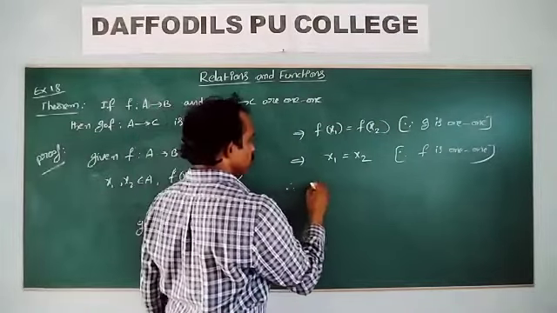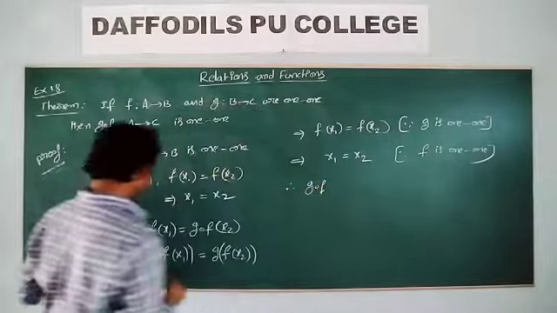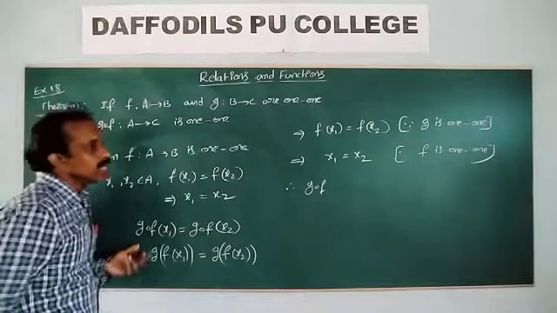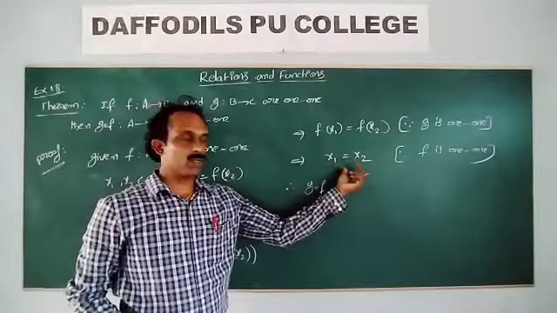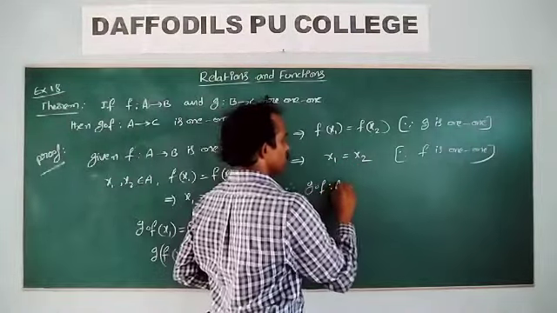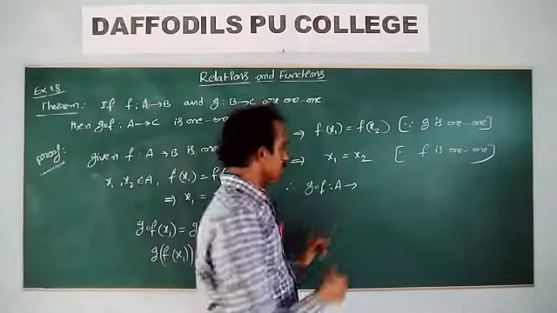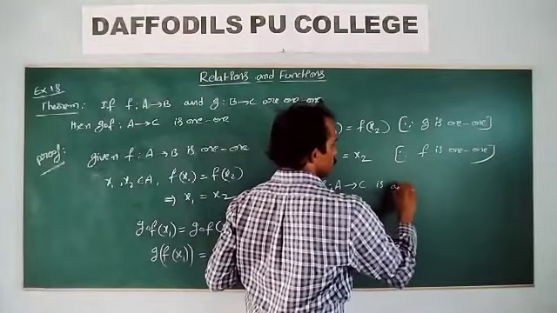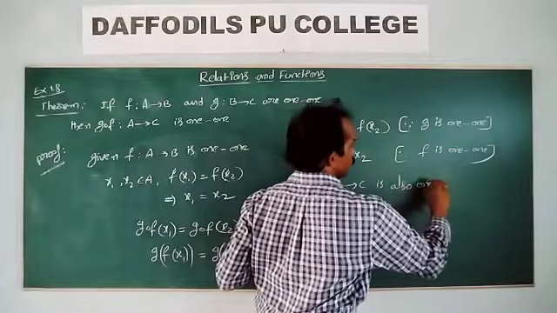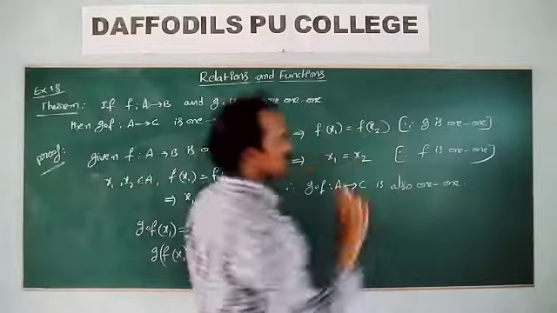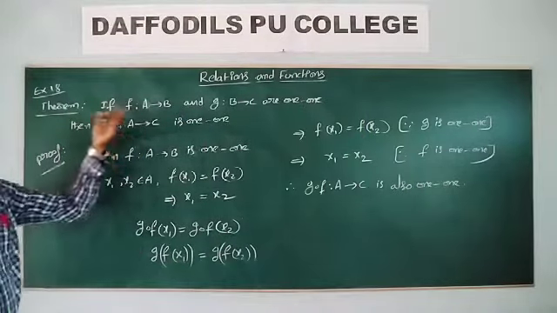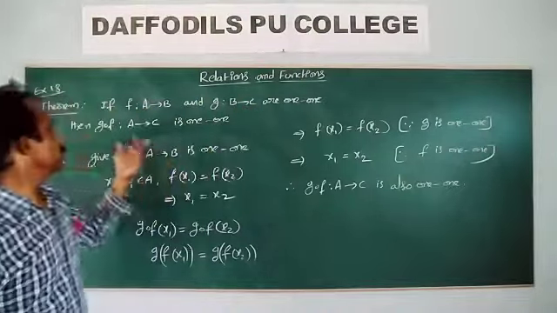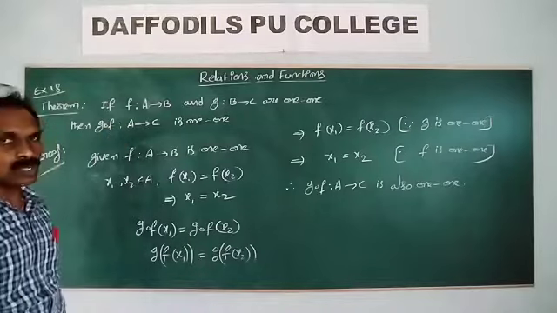Therefore, finally, g circle f of x1 is equal to g circle f of x2, and finally we show x1 is equal to x2. Therefore, the composite function g circle f maps A to C is also one-one, right? So given f maps A to B and g maps B to C are one-one, we show that g circle f maps A to C is also one-one.